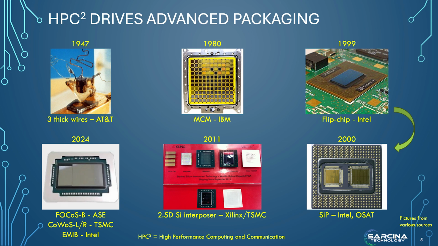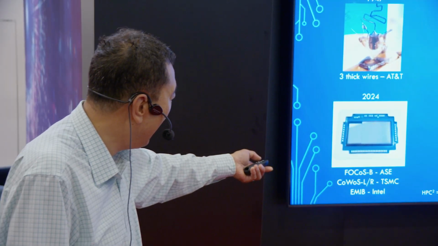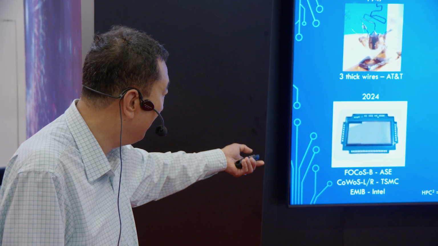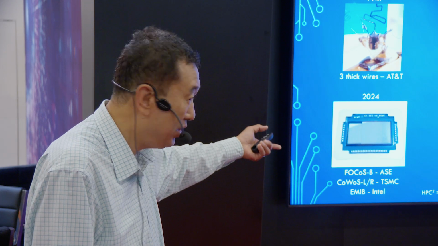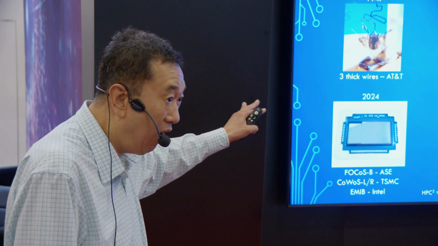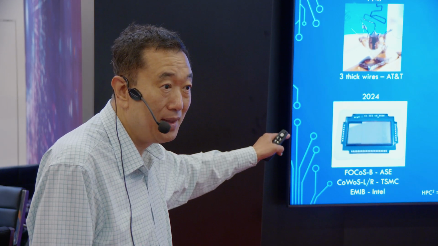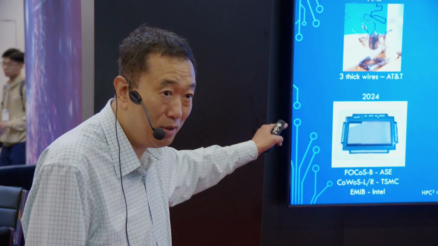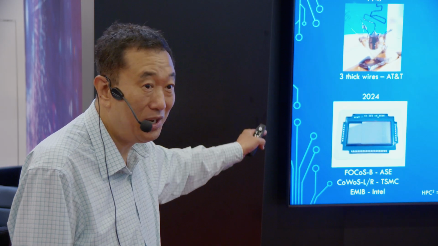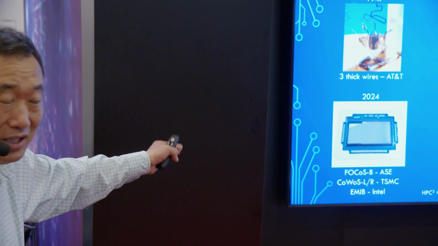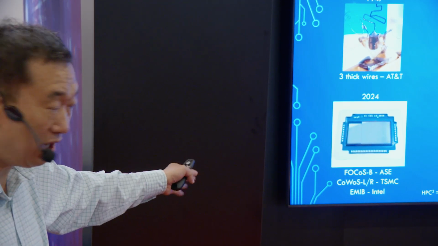So today, we have several companies offering 2.5D packaging solutions, but they're all used for high-performance computing applications and communication applications, especially artificial intelligence and autonomous driving.